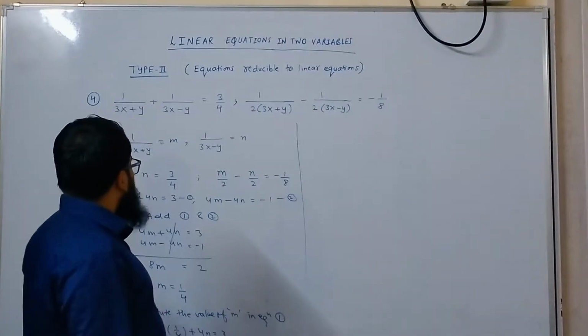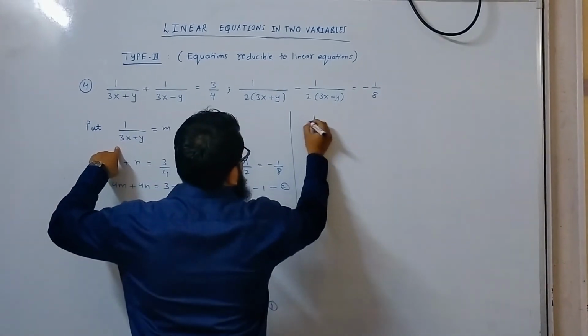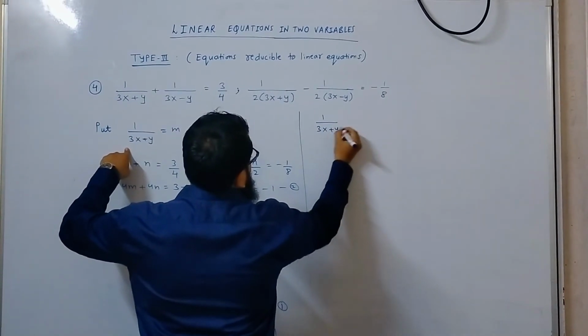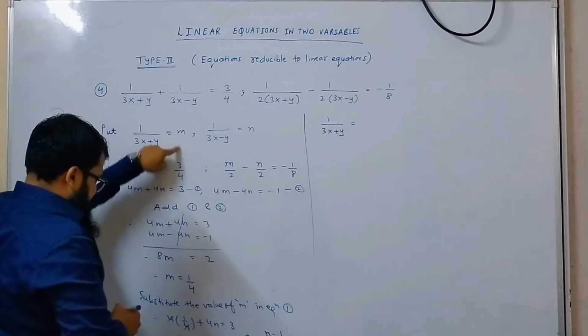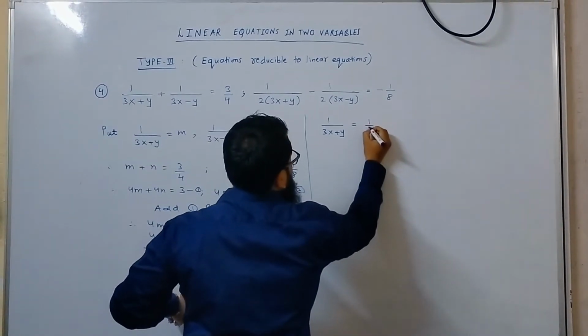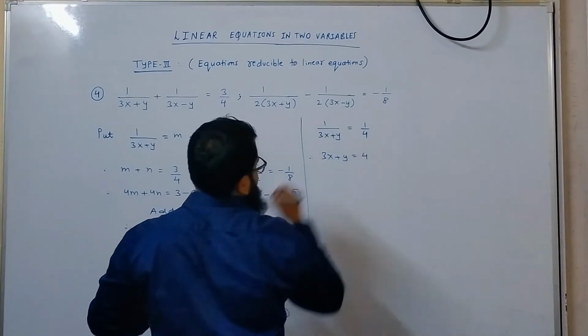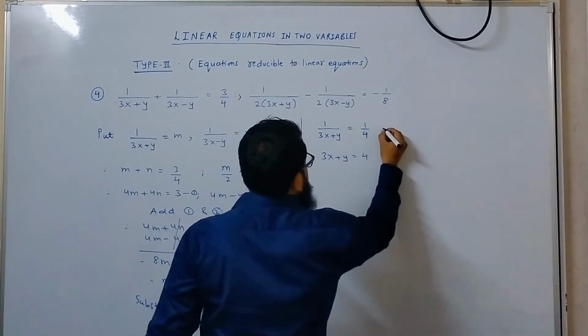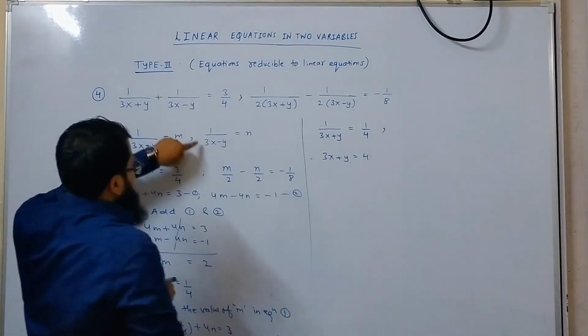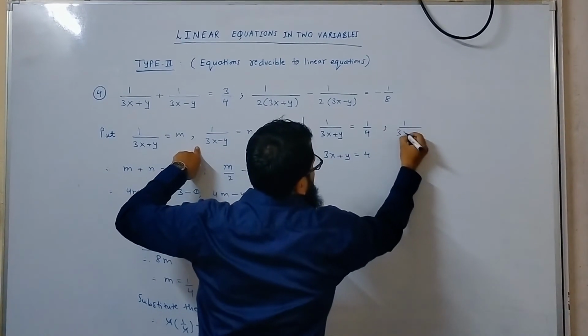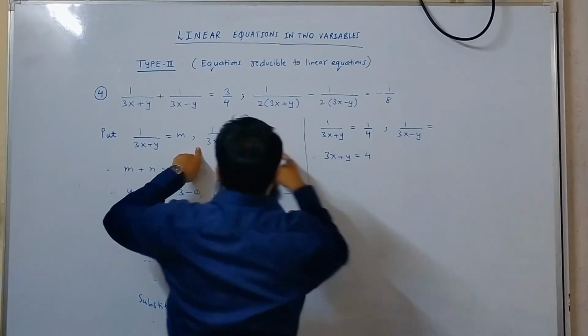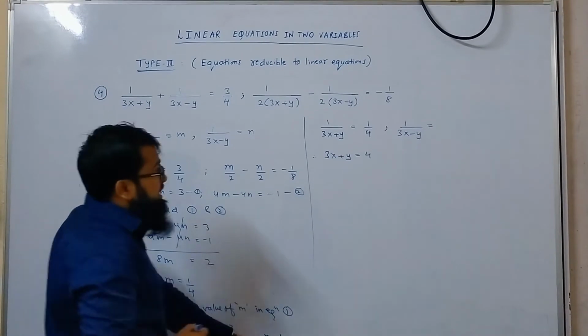What is 1 upon 3x plus y? It is m, and m is 1 by 4. So therefore 3x plus y is 4. Inverting those equations, 1 upon 3x minus y is equal to n, and n is 1 by 2.